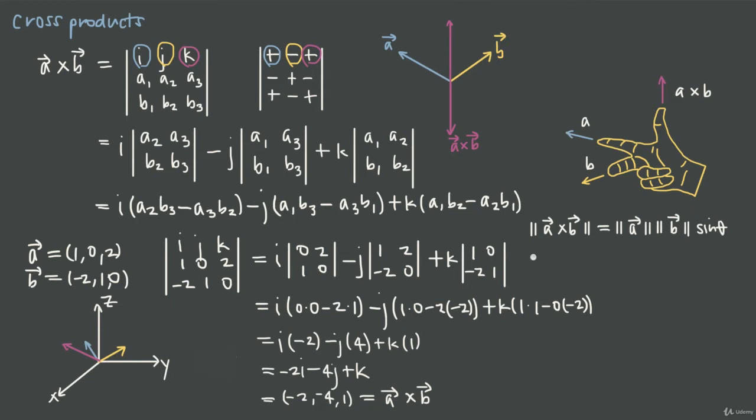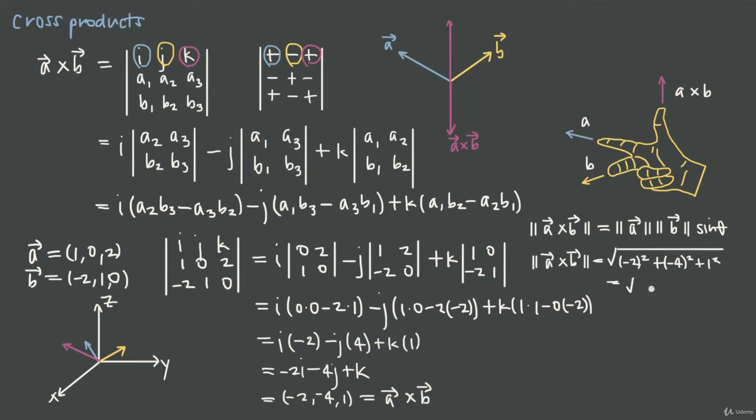And that formula, of course, will just be that the length of the cross product is going to be equal to, we take the square of each of the components of our cross product vector, so -2, -4, and 1. We say -2 squared, we say -4 squared, and then we say 1 squared. We add those together, and then we take the square root of that sum.